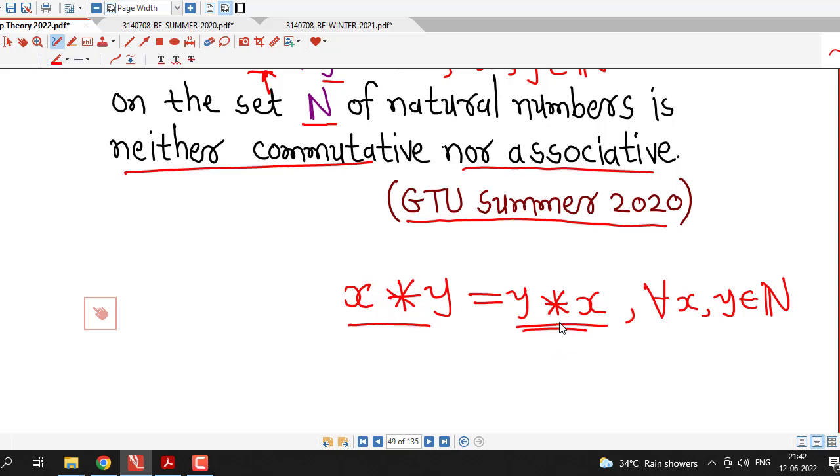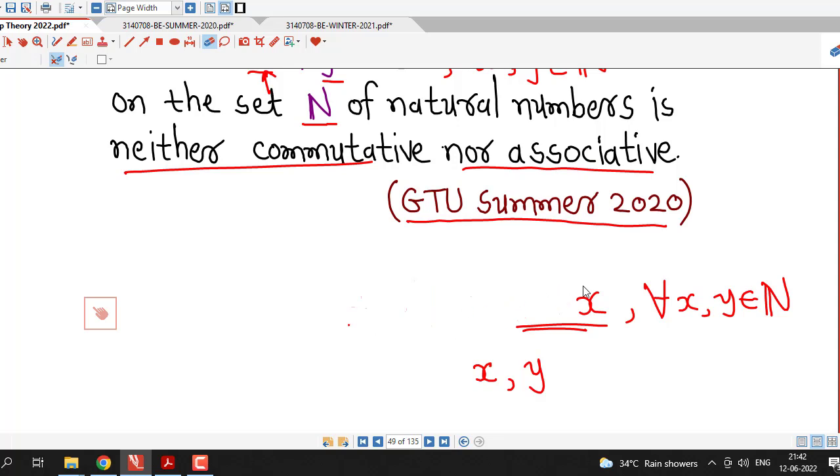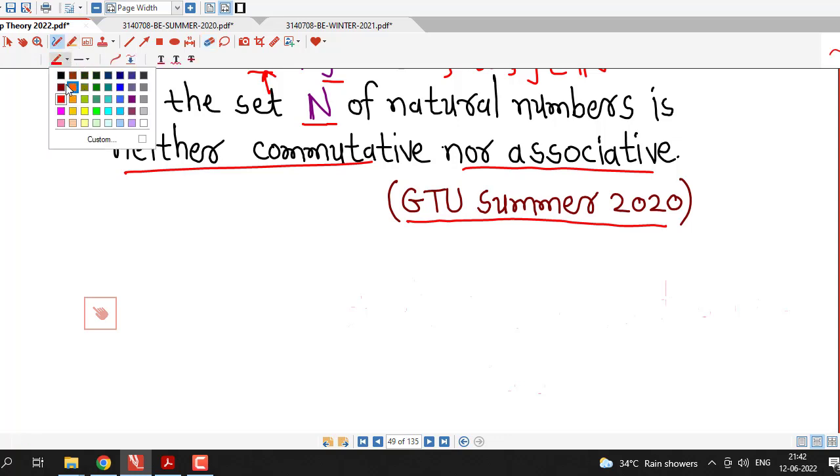Now if we want to show that star is not commutative, we have to find particular natural numbers x and y such that these two are different. So we can select any two natural numbers roughly and we can try to search for those natural numbers.